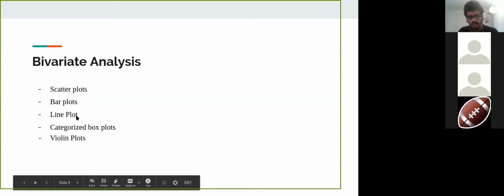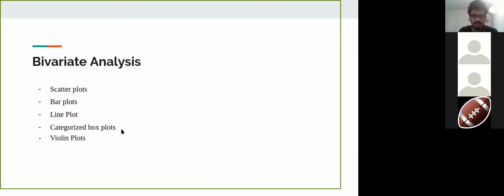A line plot is also one way of representing data, but I would actually prefer scatter plots because we can plot a given feature against the target feature, and we can get a sense of how one particular feature affects the target feature. That way it's bivariate because we are using two variables: one feature that we are considering currently, and the target feature. So that's bivariate analysis.